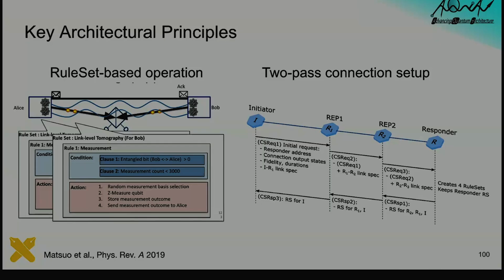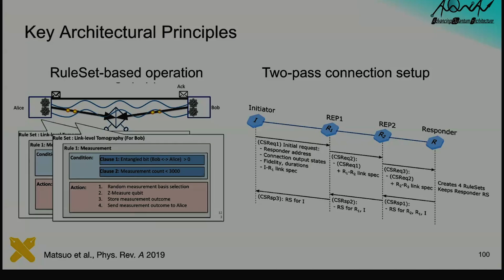What happens is that the messages, as they pass through the network, accumulate information about the quality of the links along that path. Then the responder collects all of that information and decides what all of the nodes along the path should actually do, what their role in that operation is, and distributes that to those other nodes.